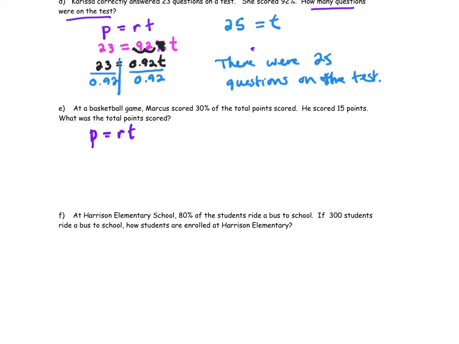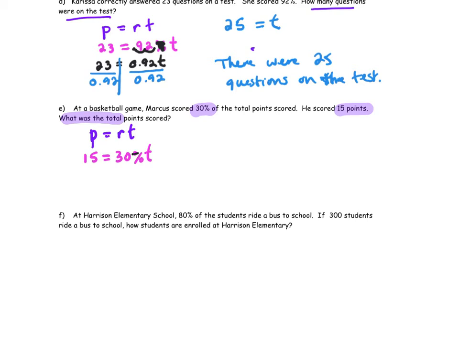And now if we look back up, we can tell that Marcus scored 30%, and he scored 15 points, which was part of the points. And we're trying to find the total. It clearly tells us total, which is sometimes nice when it does that. So the part is 15, part of the points scored. 30% is the rate, and we do not know the total.